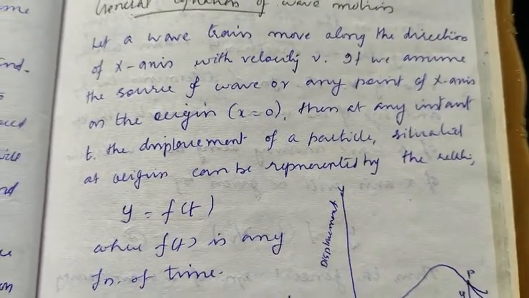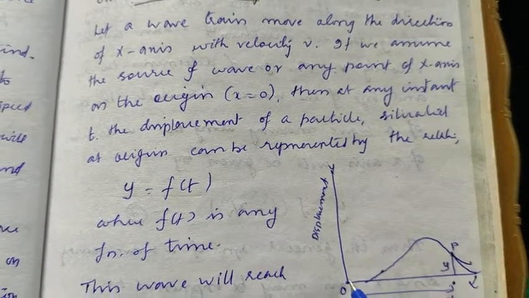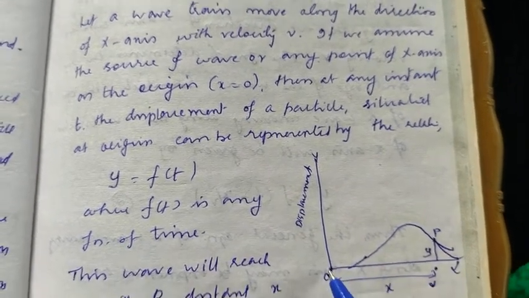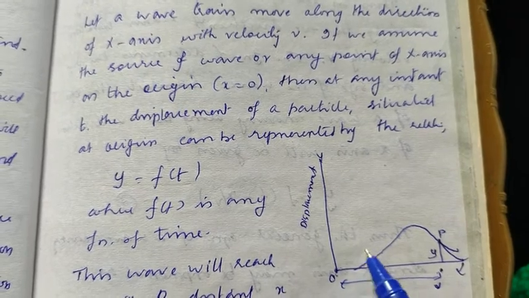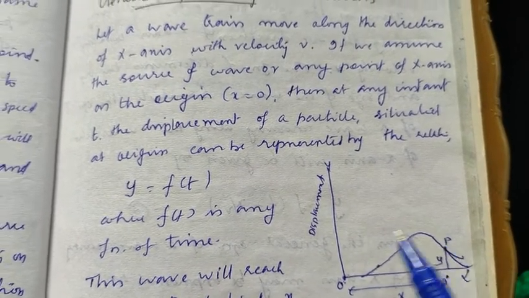That's what we mean by the source or origin of the wave. So here we are imagining O is the source or origin of this wave propagating along the x direction with velocity v.